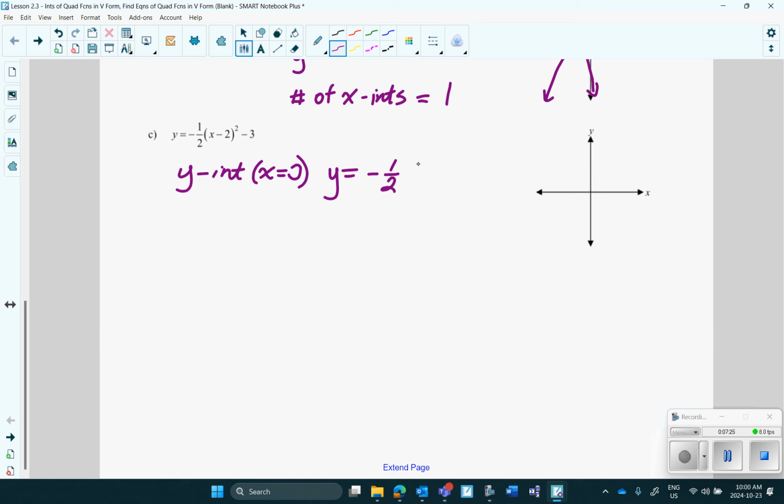We may have to do it in a few steps. You're going to have to calculate all of that. I'll break it down by steps this time. So I'm going to do the 0 minus 2 first in parentheses.